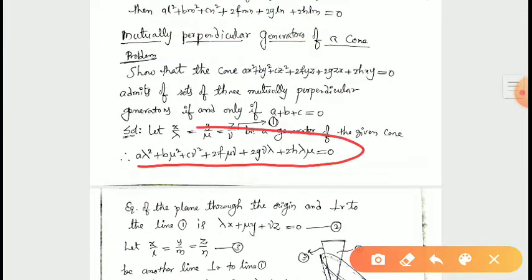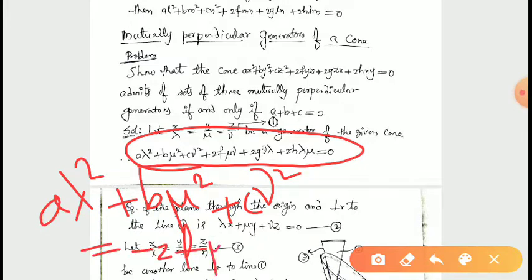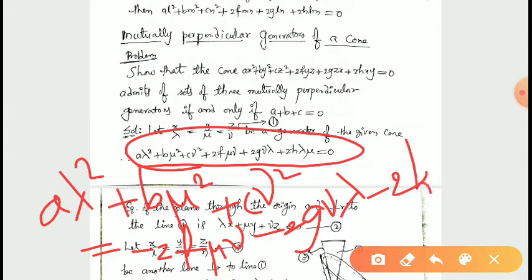From this step, what can we write? We can write A lambda square plus B mu square plus C nu square is equal to minus 2F mu nu minus 2G nu lambda minus 2H lambda mu.